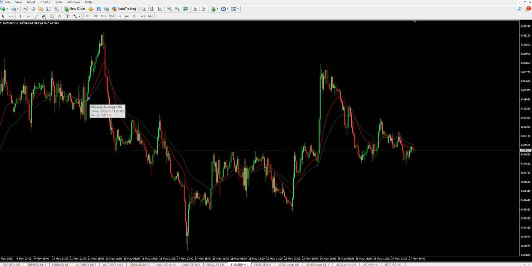And then we see it cross in this area, where now the 40 goes above it. It doesn't last for long as price then moves up and then tanks real hard. And now we see it again where the moving averages have crossed, where the 40 was below the 20, but now the 40 is above the 20.